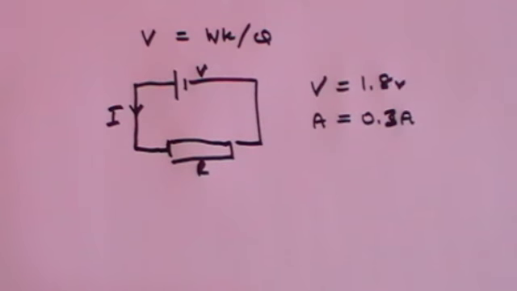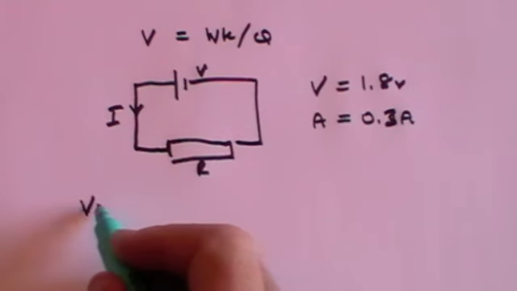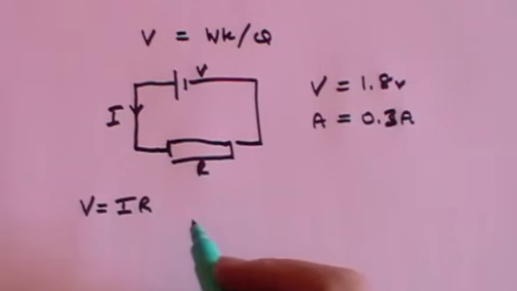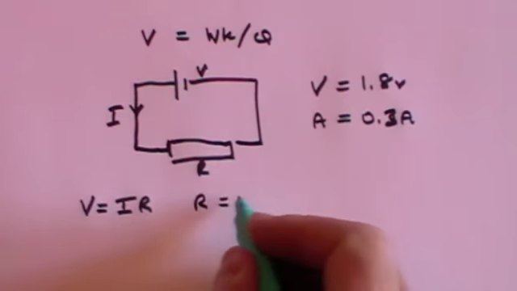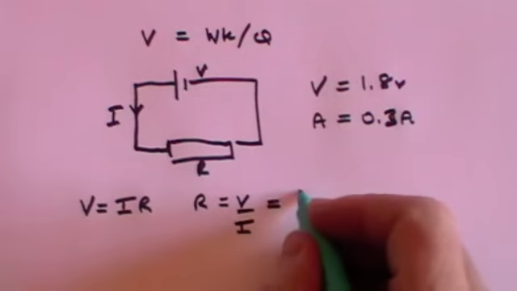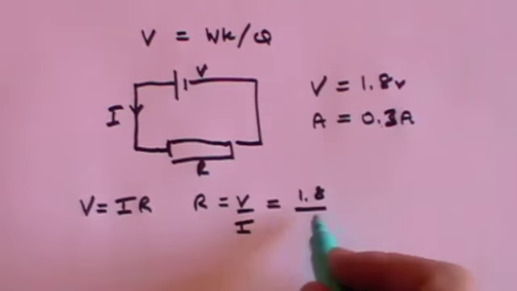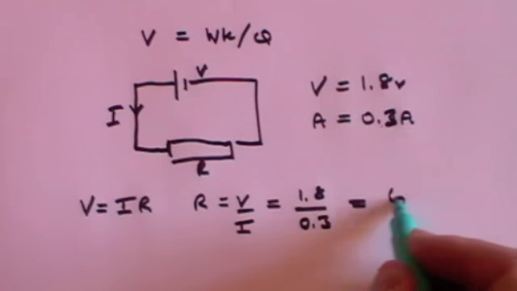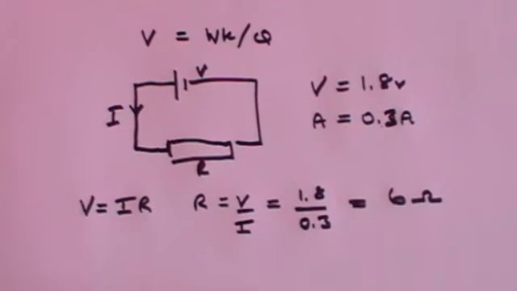And there are several parts to this question. The first is, what is the resistance R? For that you need Ohm's law. V equals IR. That means that R is going to be V divided by I, which is 1.8 divided by 0.3, and that's 6 ohms. The measure of resistance is ohms. So that's the first part.